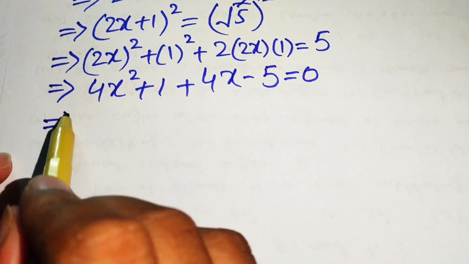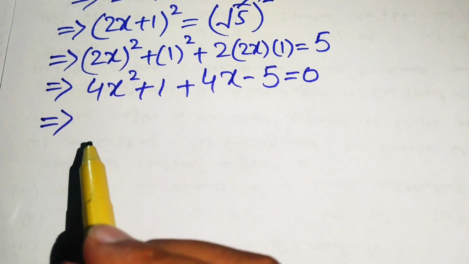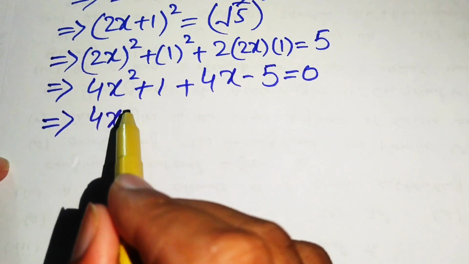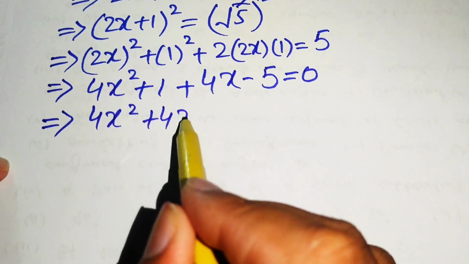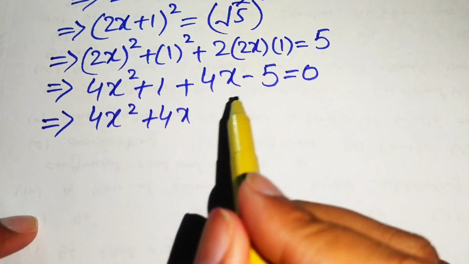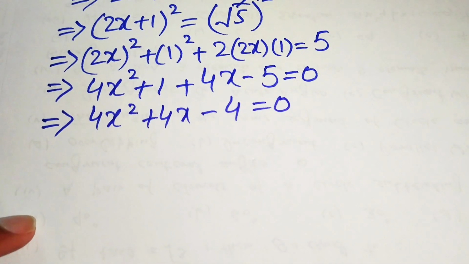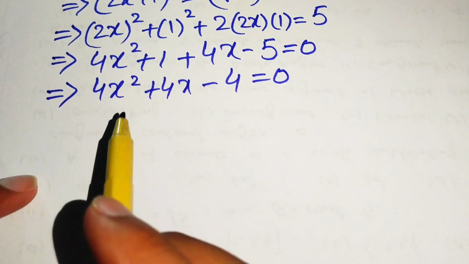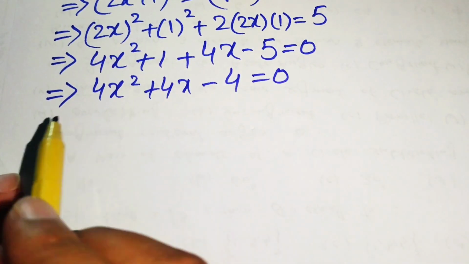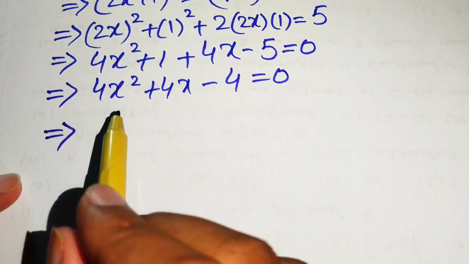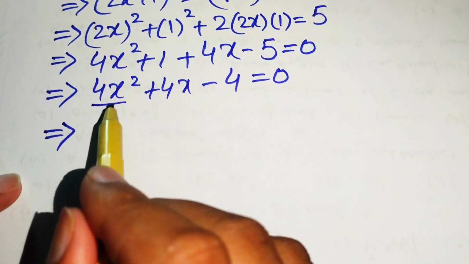So now we have 4x² + 4x + 1 − 5, which is −4, and this whole equals 0. Now you see we have 4 as a common factor in each of the terms, so we divide each term by 4.